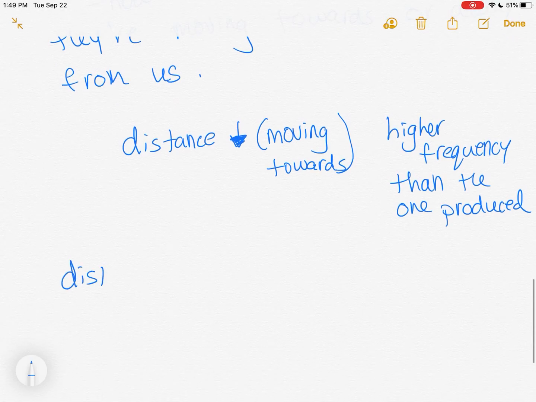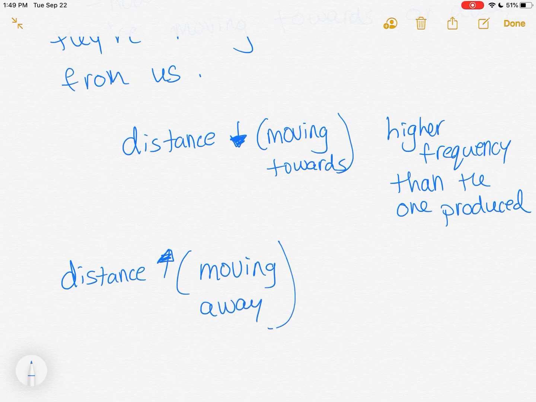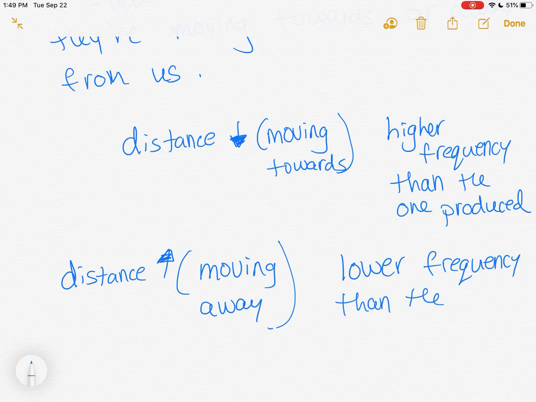If the distance is increasing, which means we're moving away, so again, whether you're moving away from the sound or the sound is moving away from you, we're going to hear it as a lower frequency than the one produced.